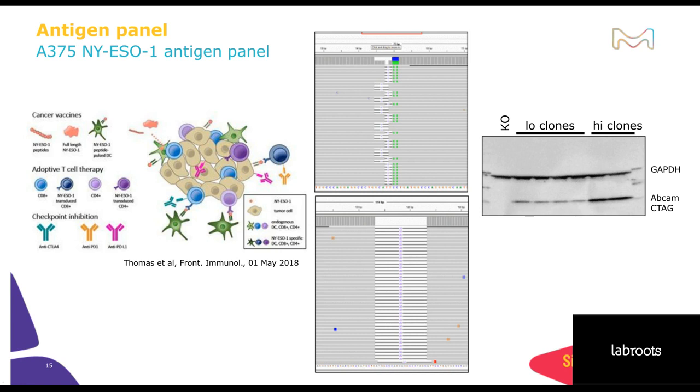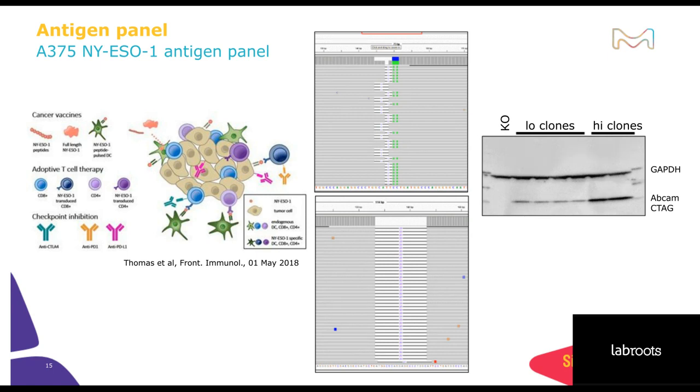So this was a little more complicated since the NY-ESO peptide is potentially encoded by 2 different genes. But again, using our ZFN system, we were able to cleanly find clones that had a knockout of all of the CTAG1 and 2 genes, shown in the middle panel using our next generation sequencing pathway. In addition, the NY-ESO is not, as I said, a full protein, it's more like a peptide.